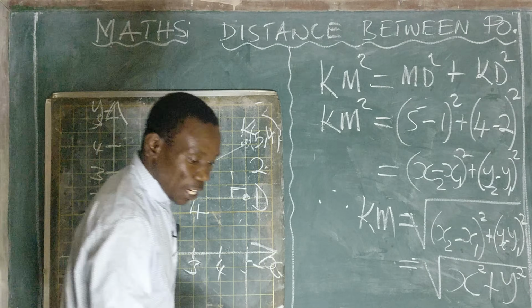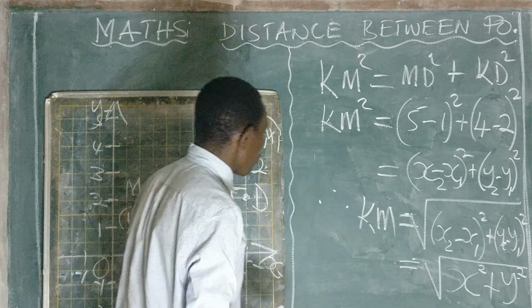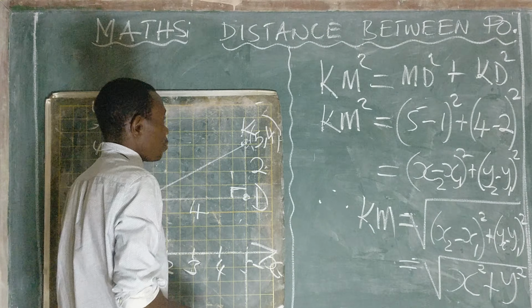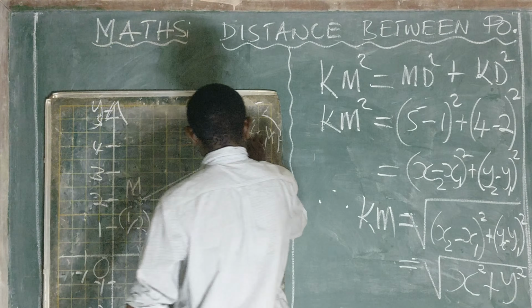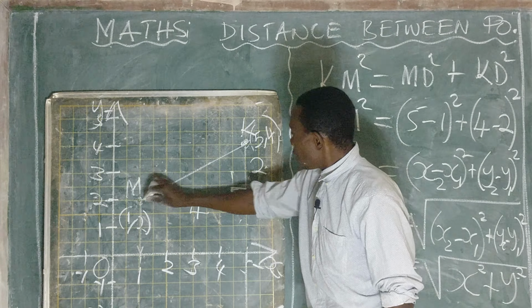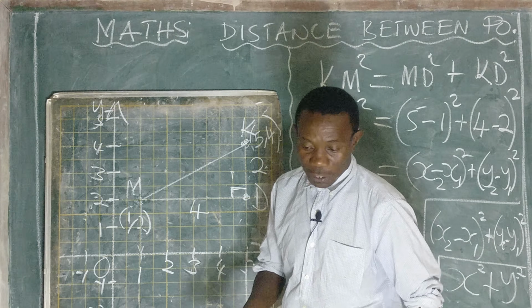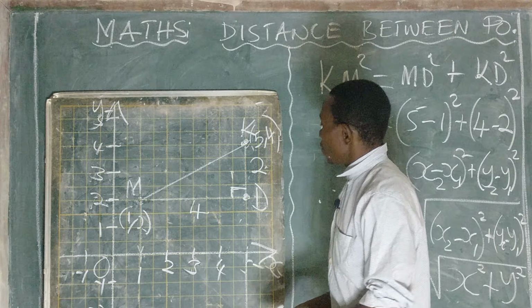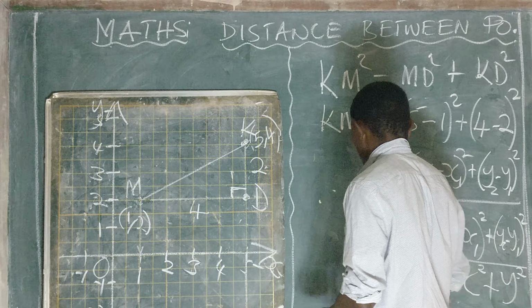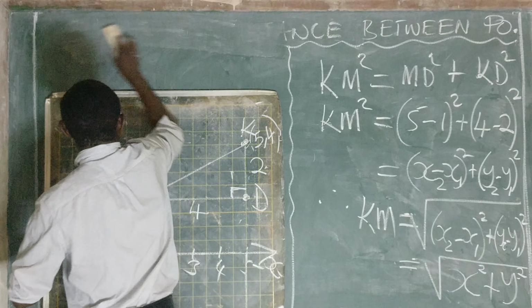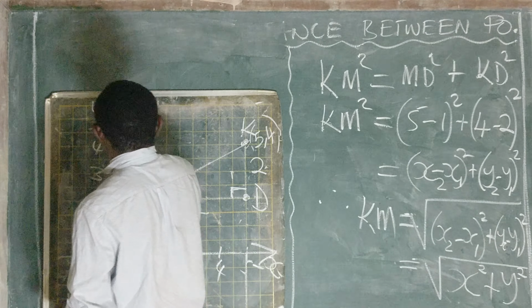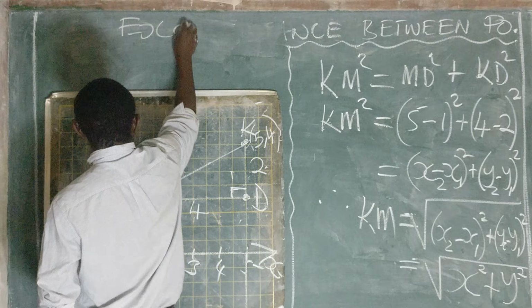Right, now let us try to use that one to solve a problem, the same which we have here. We have the distance from m to k. So if maybe we just have the question to say, can you find the distance between k and m? It means the question will come like this. Look here, in terms of the example.